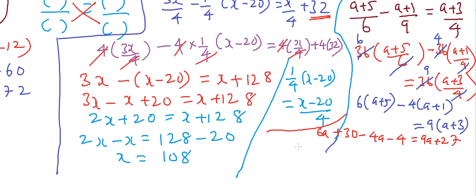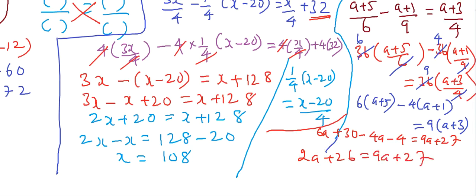Let's simplify the left hand side. 6a minus 4a, they are like terms. So 6 minus 4 is 2, so 2a, and 30 minus 4, 26, equal to 9a plus 27.